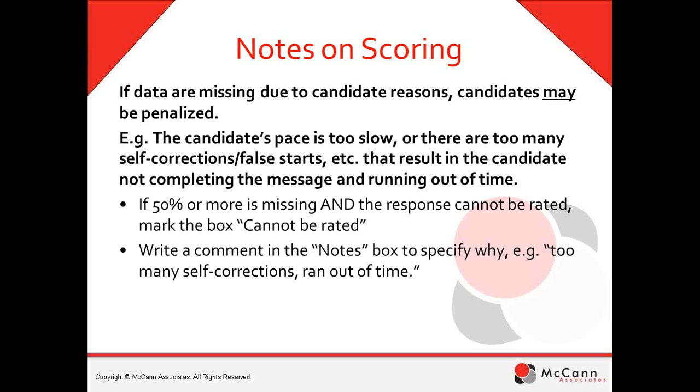For example, the candidate pace is too slow, or there are too many self-corrections or false starts that result in the candidate not completing the message or running out of time. Write a comment in the notes box to specify why, for example, too many self-corrections, ran out of time, etc.